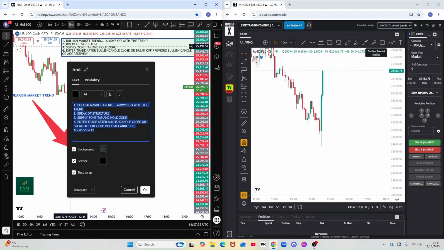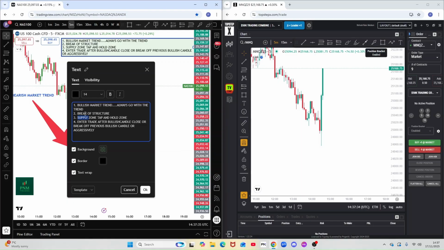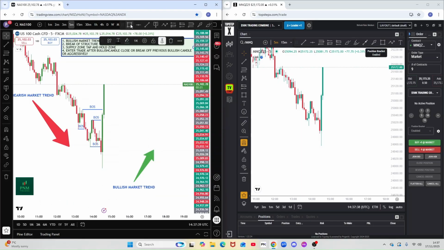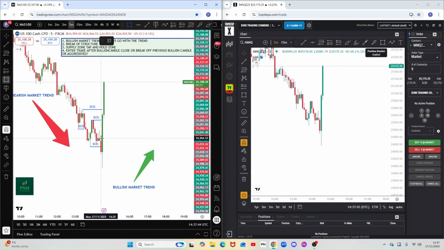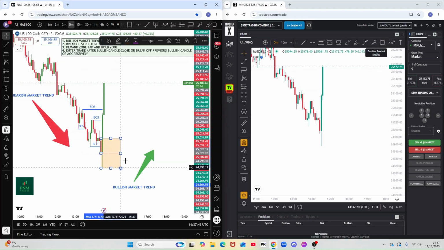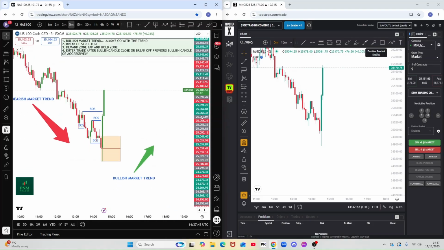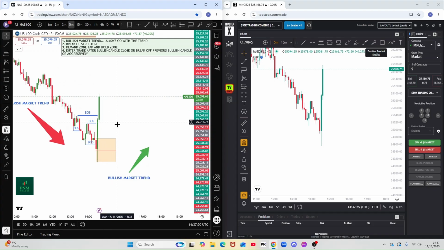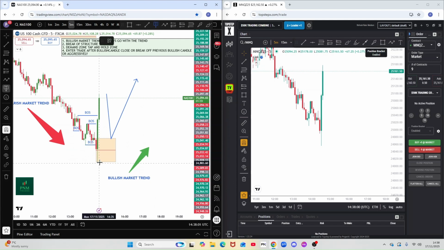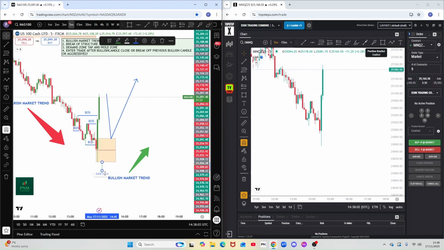Now we have a demand zone right here, which is where price aggressively pushed the last time. This candle again. Now we're waiting for the price to come back to the demand zone, hold it, and go up. Let's see. So this is a demand zone.